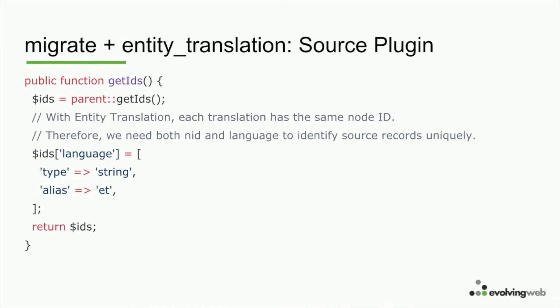You don't get the French and Spanish versions of the node ever. Even if you set translations equals true, you end up getting the base data in your migrations. So that's not very useful. We want to load the source data in exactly the language that we are dealing with in this particular row.